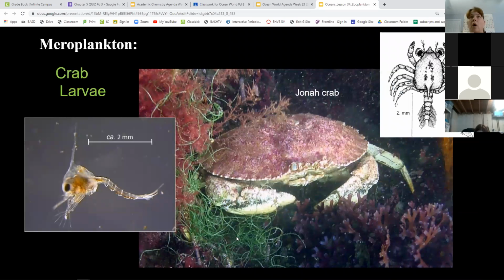I've just shown one particular type of crab here, but most crabs and other crustaceans will have a larval form that is free swimming, as opposed to the krill, which are haloplankton and spend their whole life in the water column. These guys only spend part of their life there, and as adults, they're no longer considered plankton.